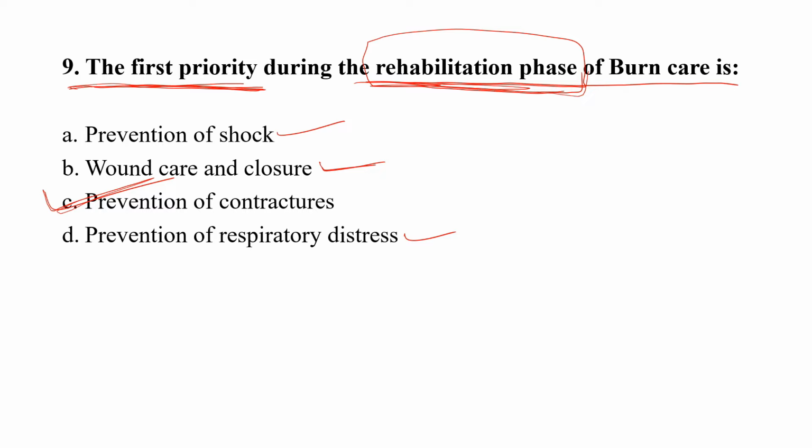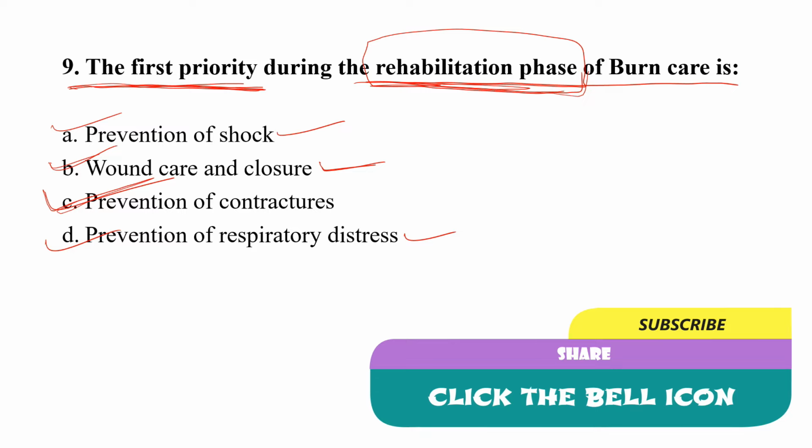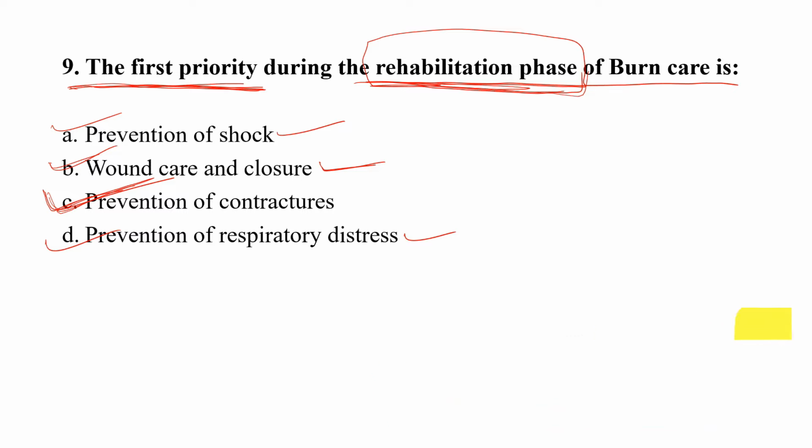So option A and option D are in case of an emergency scenario, option B is when the patient is already admitted, and option C is during the rehabilitation phase of the burn patient. So during the rehabilitation phase, the main priority will be prevention of contractures.